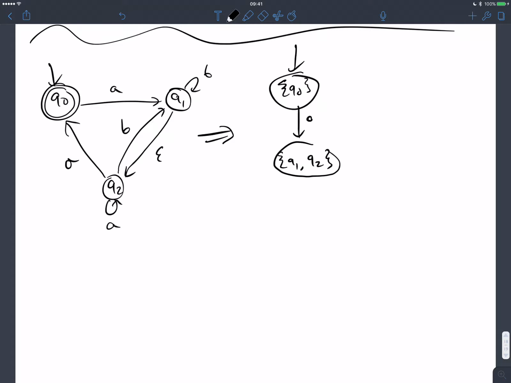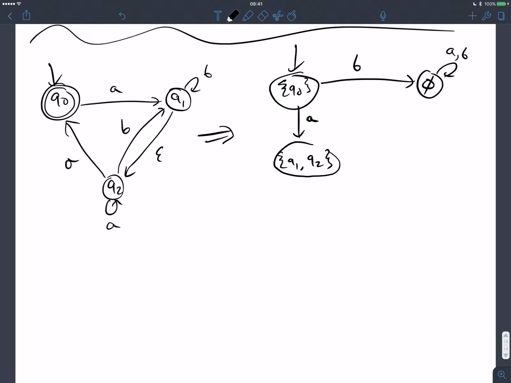So then I make a transition there. Now what else could I read from Q0? B. Where can I go on input B? Empty. So I make a new state, the empty set. What does the empty set do? It loops on all inputs because it needs to be a DFA.